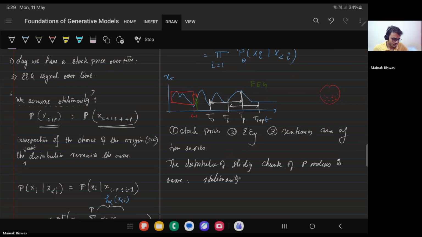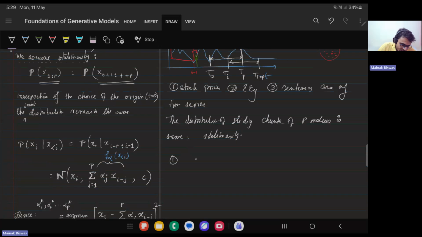Okay. So what I'm going to do is model xi, and I'll do two things over here. Number one, I'll say the probability of xi given everything else is going to be the probability of xi given xi minus p to xi minus 1.